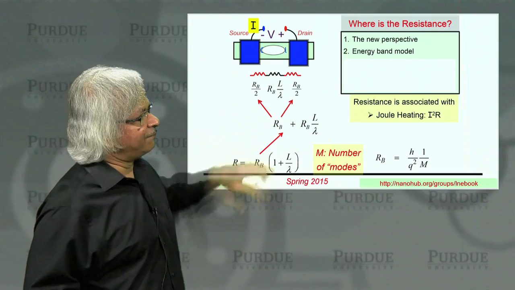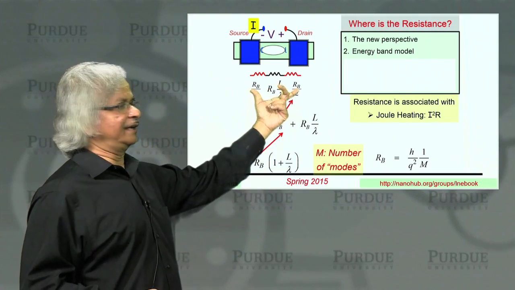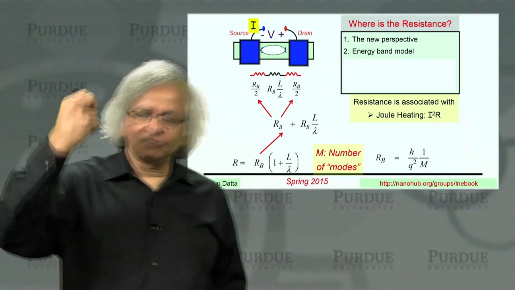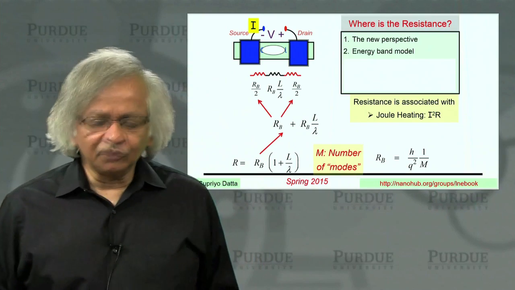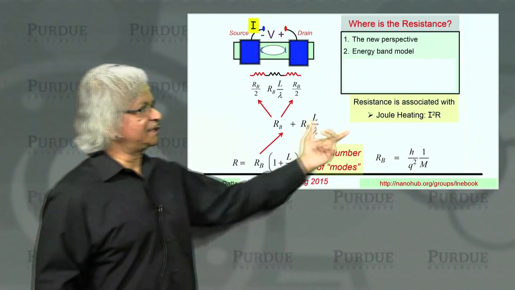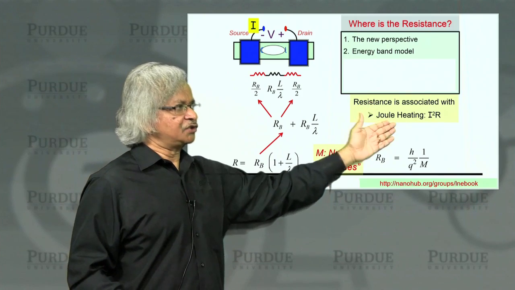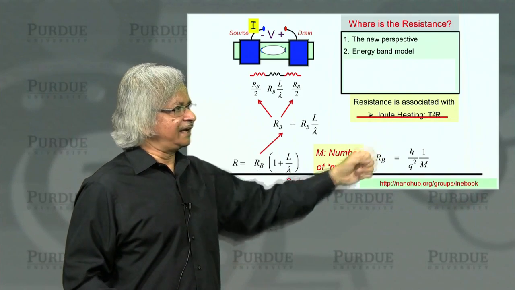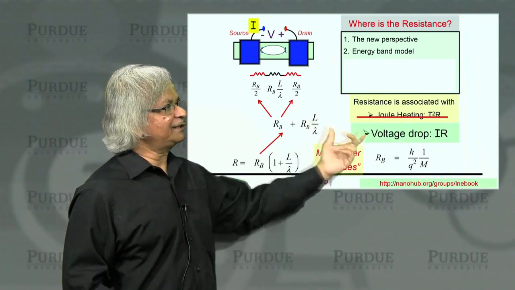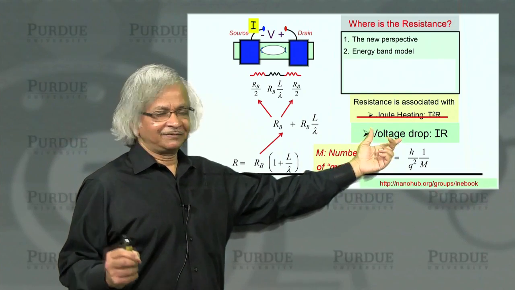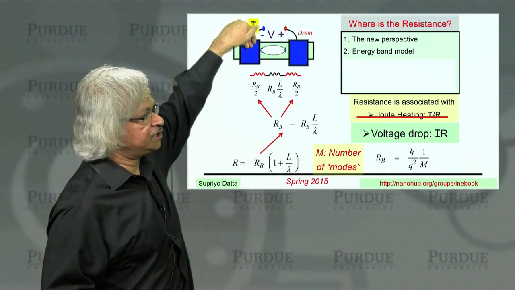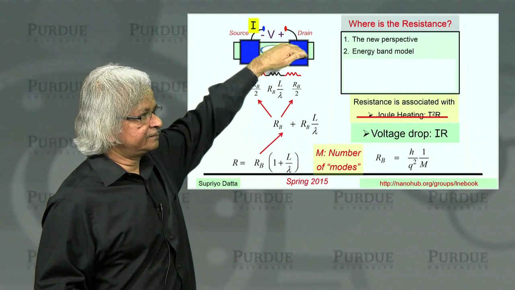So the point is that mentally, if you want to draw a picture like this, where the resistance corresponds to your intuition, you have to go beyond this picture that's almost ingrained in our head, that resistance is associated with heating. Instead, we have to associate it with voltage drop. That is, how does the voltage change from left to right?